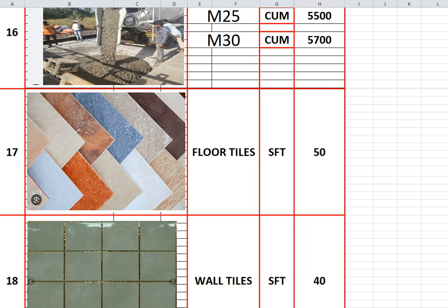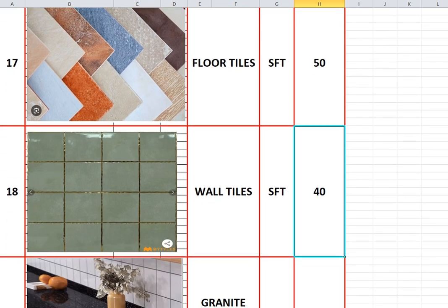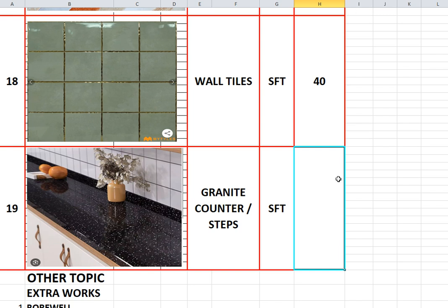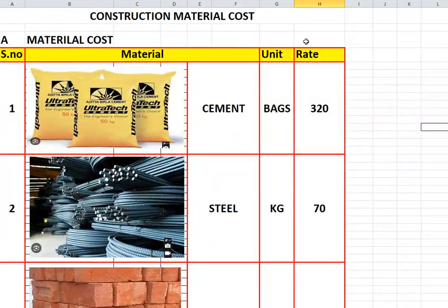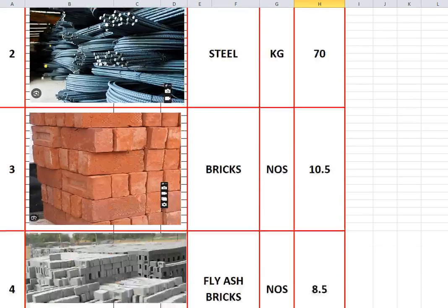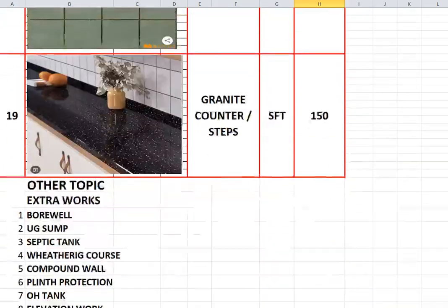Similarly, granite, which is used for kitchen counters and steps, is about 150 rupees per square feet. So these are the major costs of materials involved in construction activities. This is for the month of December 2025. These are the various pricing details I have tabulated.